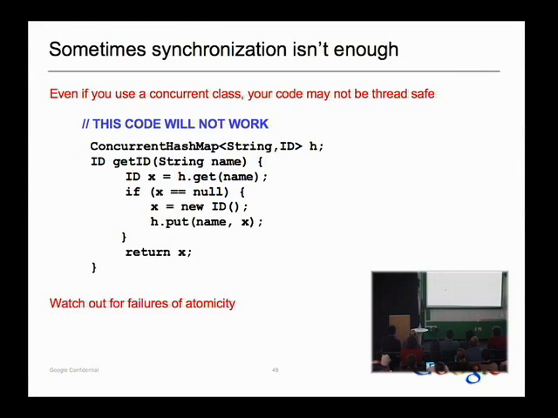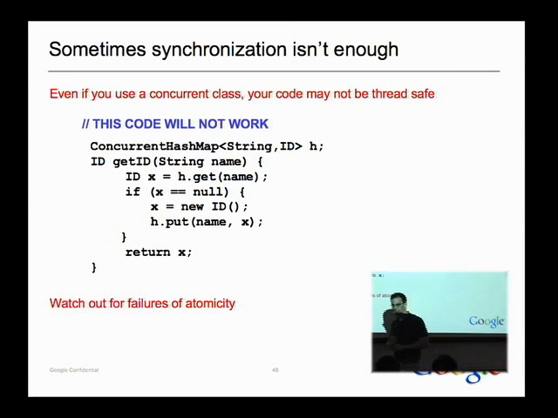So in this case, you could call h.get and not find the name you're looking for. Some other thread could then put that name you're looking for into the hash map, and then you could call h.put, and you're now replacing something, which is not a good thing to be doing.